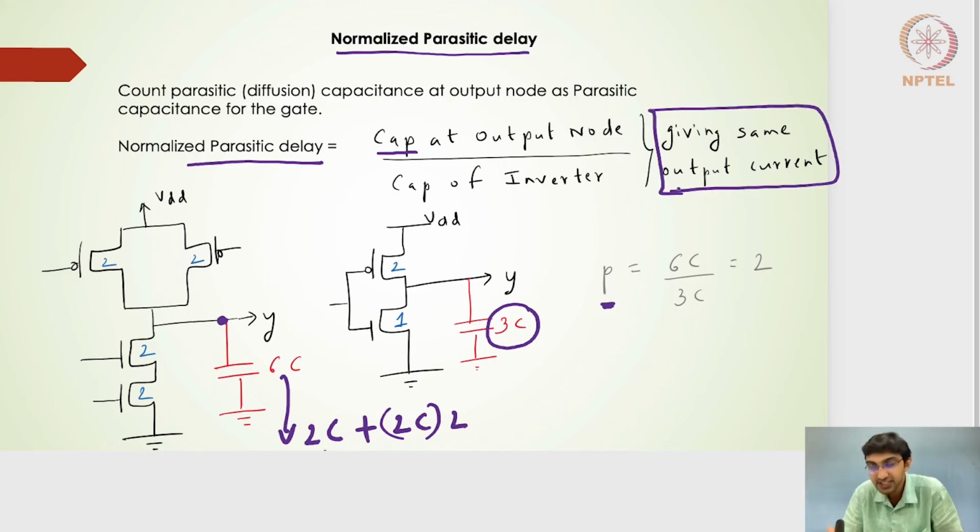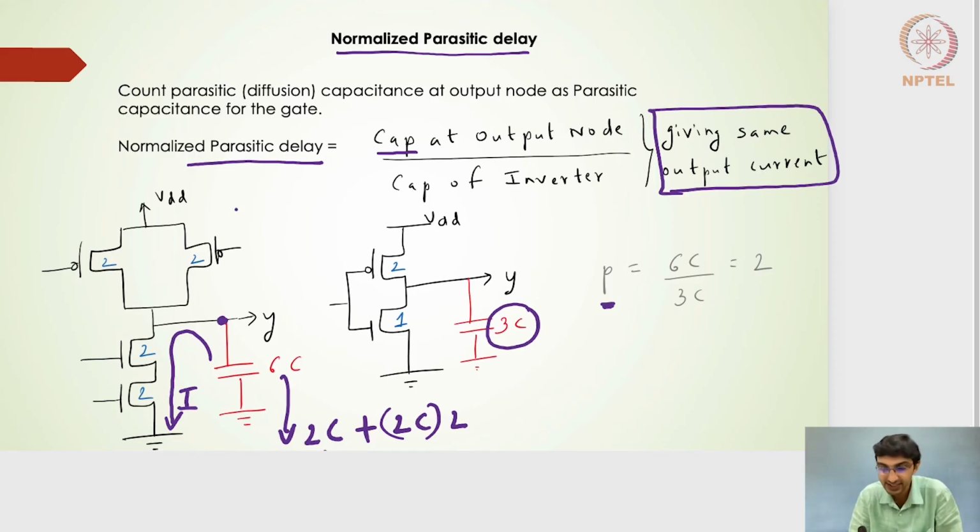Right, so the definition of the logical effort and the definition of normalized parasitic delay remain the same in that perspective, because we need to compare the output node capacitance, which discharges with the same output current while it is falling.